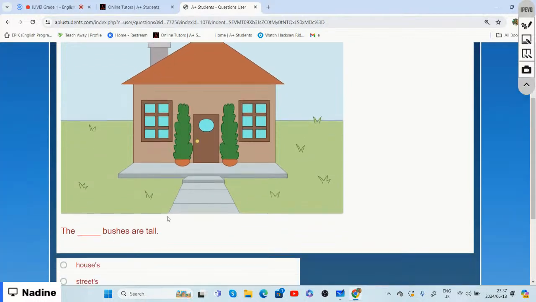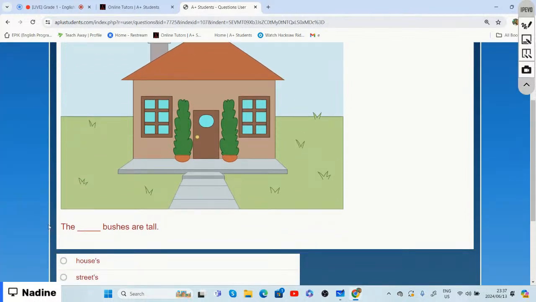All right, if we look at this picture, the bushes are tall. Is it the house's bushes that are tall, or the street's bushes that are tall?